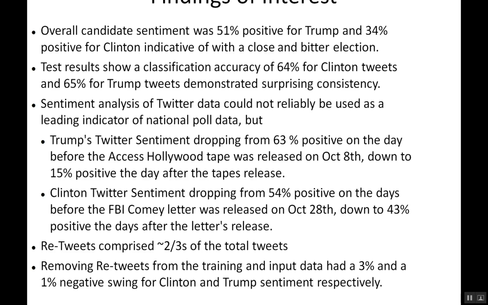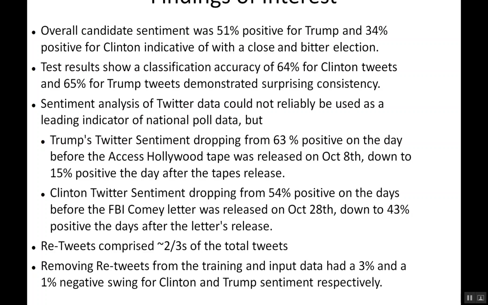Findings of interest: we see that the average sentiment was 51% for Trump and 34% for Clinton. The test data found that the classifier was 64% accurate for Clinton, 65% accurate for Trump.